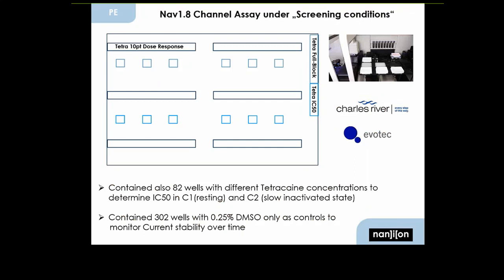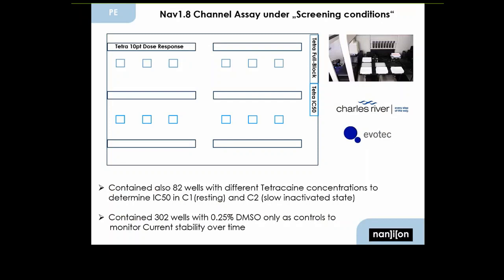As I mentioned, with this assay we looked more into compound plates and robustness of the assay. So here is how we designed the compound plate. It's a 384-well compound plate, where we put six 10-point tetracaine dose response curves and also some single points to have 82 wells with different concentrations in order to determine the IC50 from the resting and inactivated state.